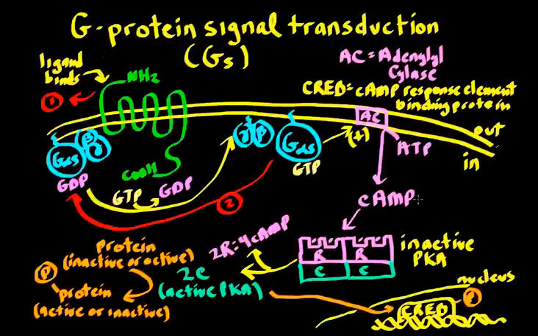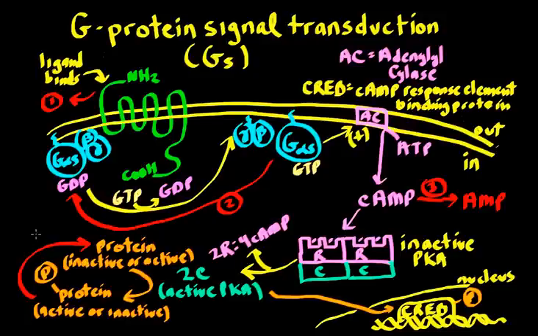We could have cyclic AMP being broken down to AMP by phosphodiesterases, right? We called that number 3. And then we said that we can also have protein phosphatases that undo the work of PKA by removing the phosphate. We can call that number 4. Those are very important mechanisms to turn off the pathway.